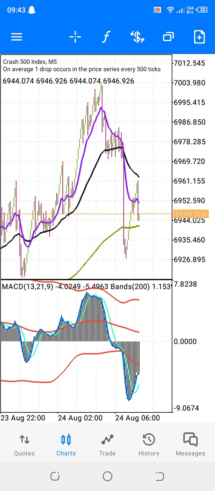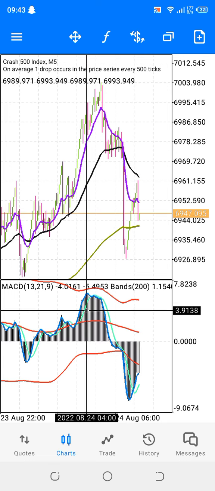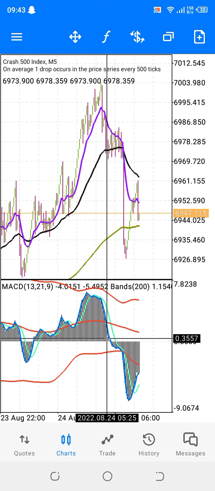And my trick here today is about the MACD. So I found this MACD, Bollinger Band, and moving average in the indicator window down here, for buying and selling on both Boom and Crash.